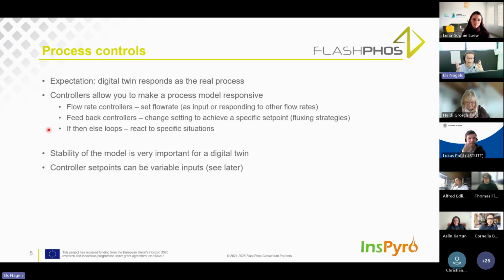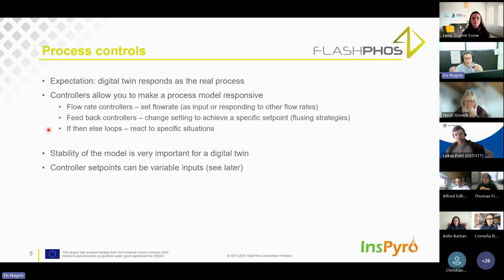So there are a lot of parameters impacting the temperature inside the vessel. But you want to control your burner and say, well, the burner needs to work when we don't achieve 1400 degrees and it needs to be switched off when we are above 1500 degrees. That is an if-then-else strategy.